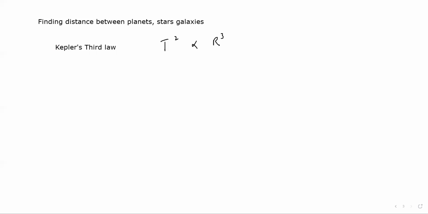We can use trigonometric parallax. This is one of the methods we'll discuss in detail. We can use Hubble's law.